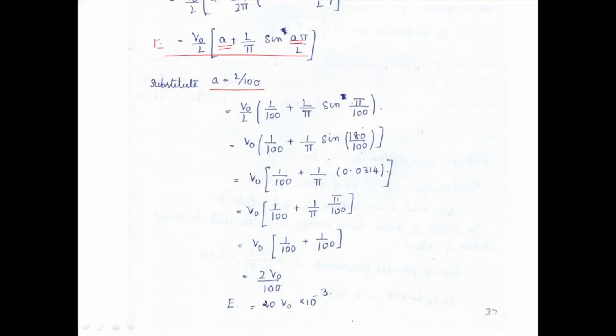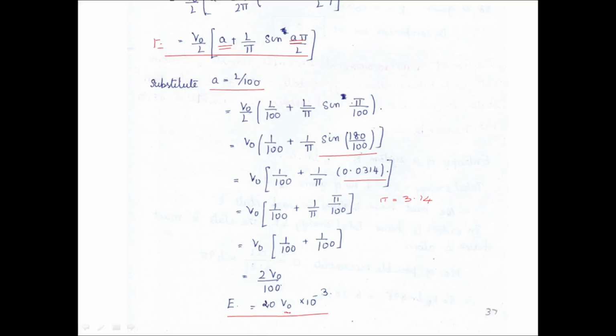Now sine of 180 by 100 value is 0.0314. This is nothing but pi divided by 100, where pi value is 3.14. Simplifying it, we get the value of E as 20 times V naught times 10 raised to minus 3.